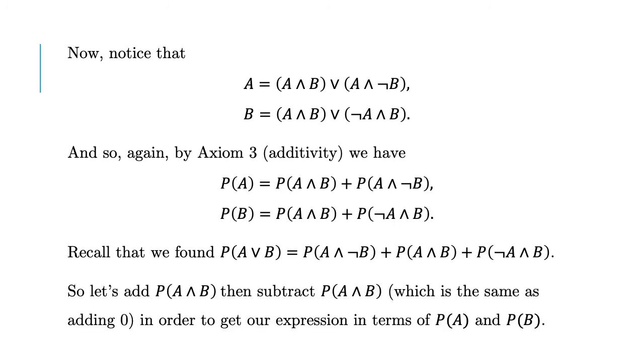So now we will simply add and subtract the probability of A and B, which is the same as adding 0. This is a nice little trick, and will allow us to get our expression in terms of the probability of A and the probability of B, which is what we had wanted.